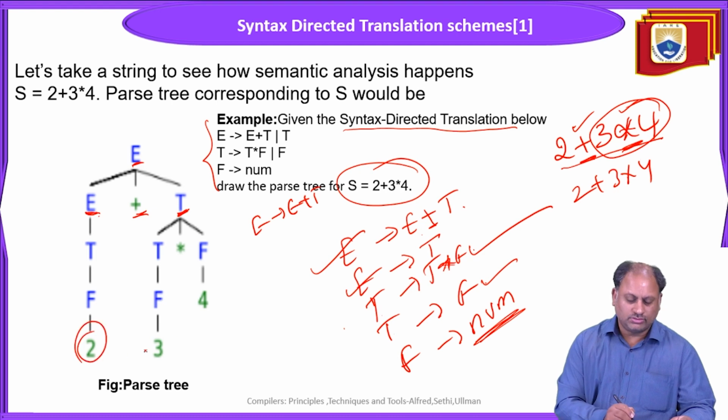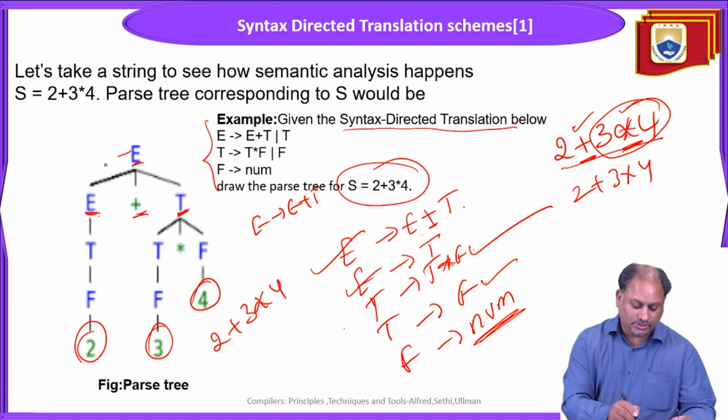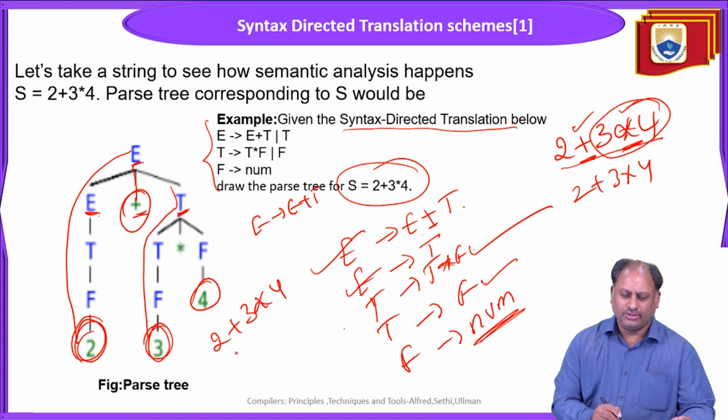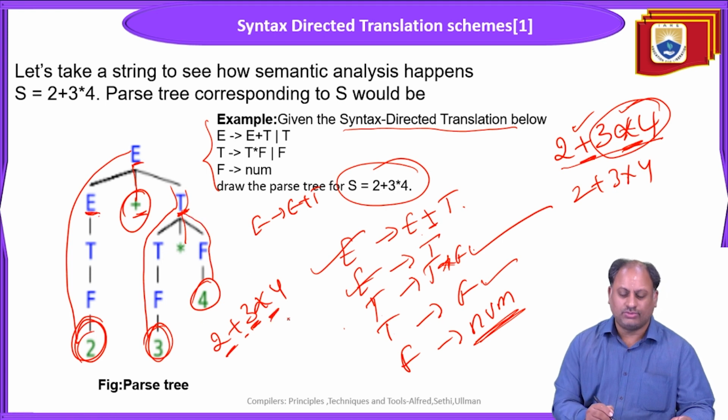Here 2 is the number for this branch, 3 for this one, and 4 for this one. So from this branch we get 2, then plus, then from this branch 3, then star, and the last leaf is 4.